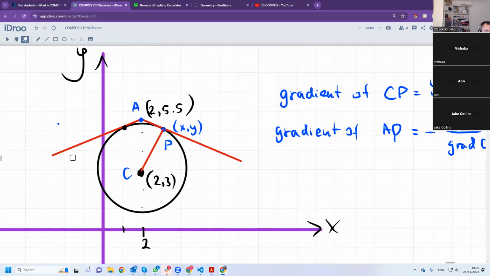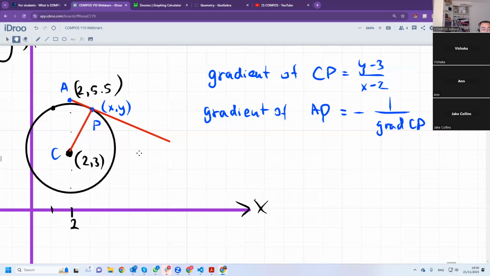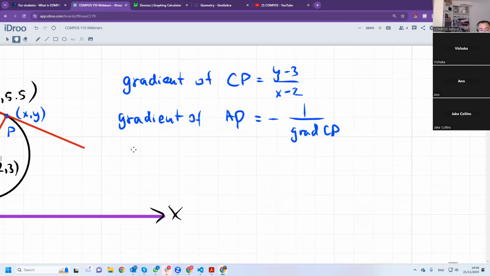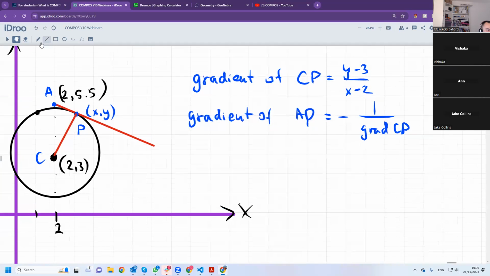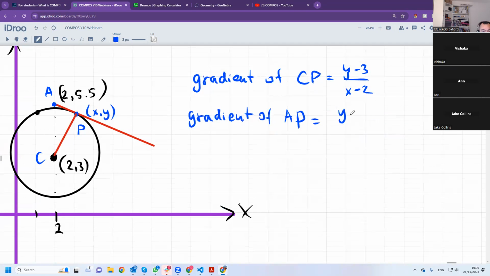So forget about this line for now. There is one, but I'm not interested in that. Let's not make it more complicated. Gradient of AP is (y minus 5.5) divided by (x minus 2).